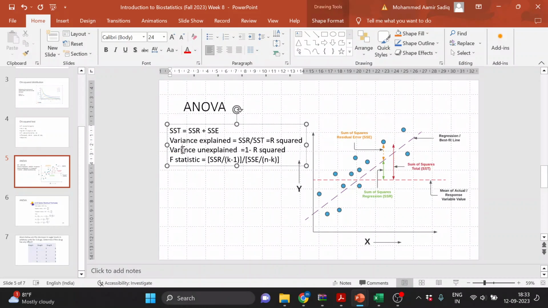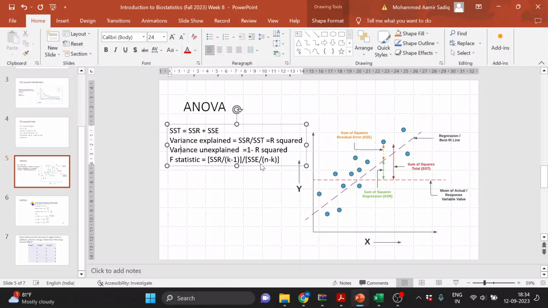What ANOVA does is it partitions your variance into variance that can be explained and unexplained. It also calculates the F statistic, that is, SSR by SSE. In some terms, it's a ratio of variance explained by total variance. Sorry, this is SSY. So it's some measure of your SSR by SSE, that is your variance explained by unexplained.